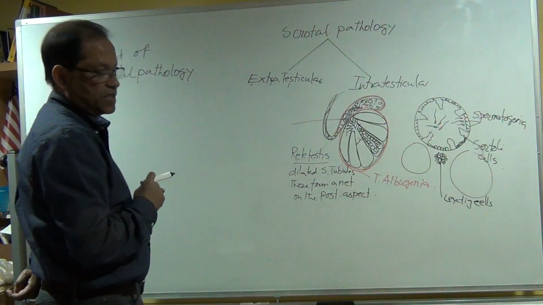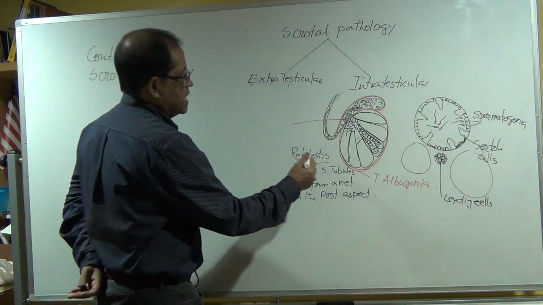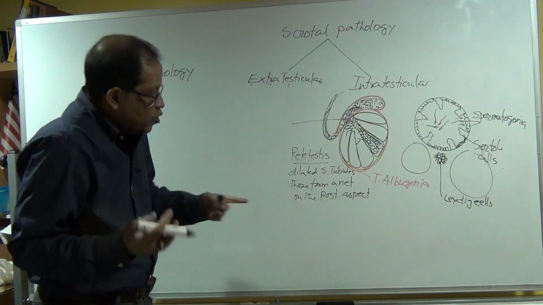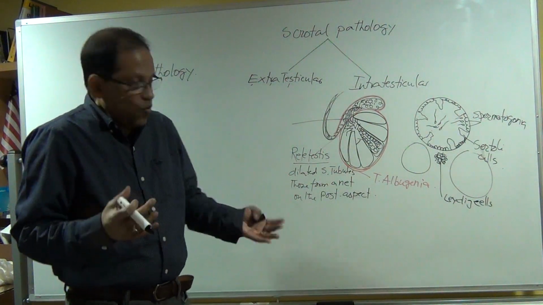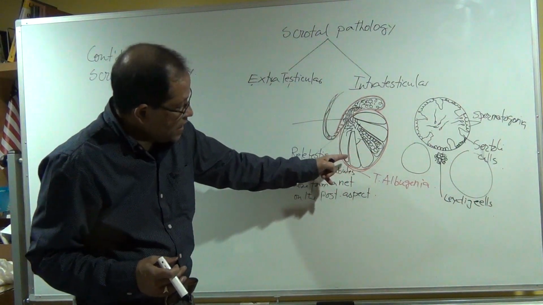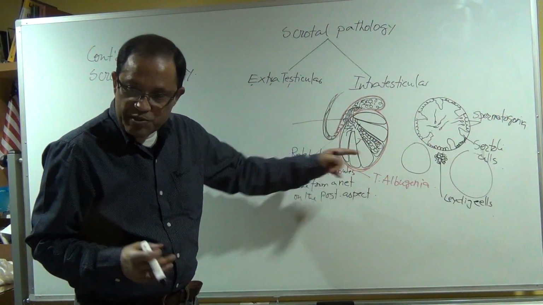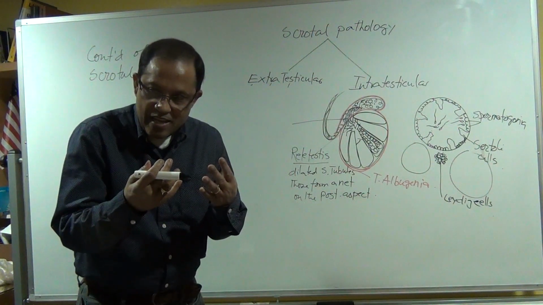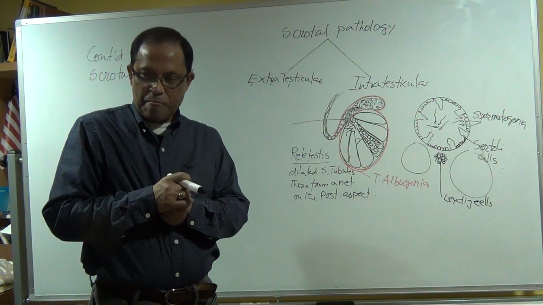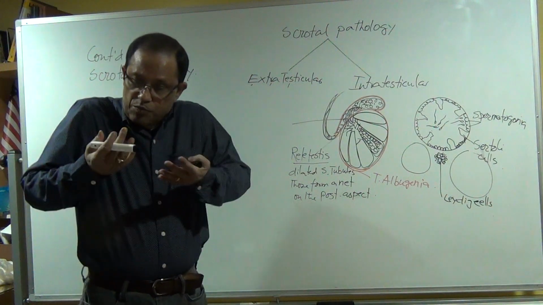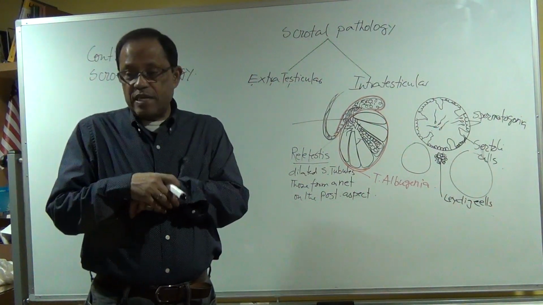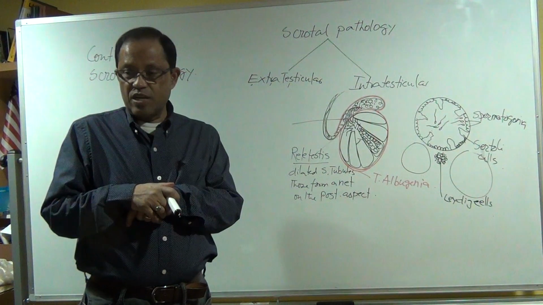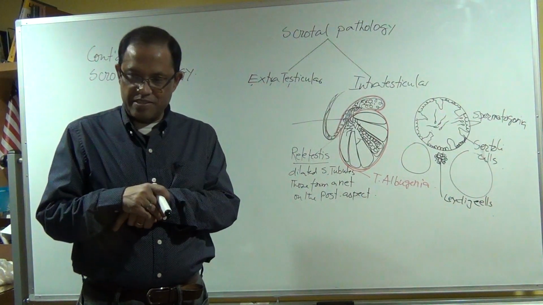And this rete testis needs support because it is dilated. Why dilated? Thousands of seminiferous tubules are joining together. Now you can estimate how heavy it is. That's why it needs a framework for support. That support is the connective tissue framework called the mediastinum testis.